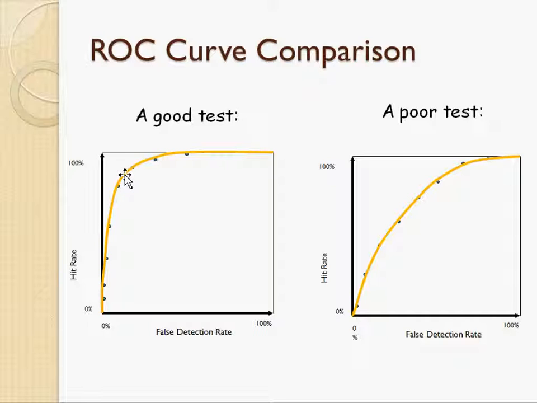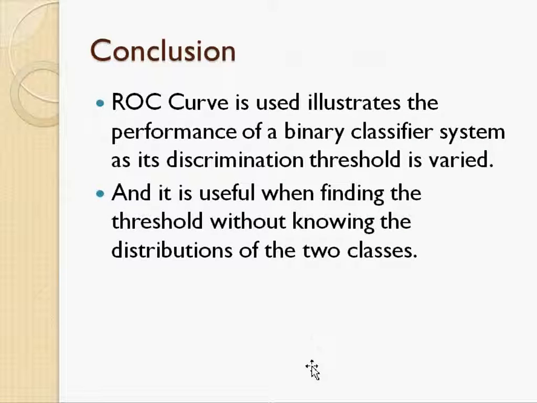In this case, you avoid estimating the class density for each of the classes. So, conclusion. The ROC curve is used to illustrate the performance of a binary classifier system as its discrimination threshold is varied, and it is useful when finding the threshold without knowing the distribution of the two classes.